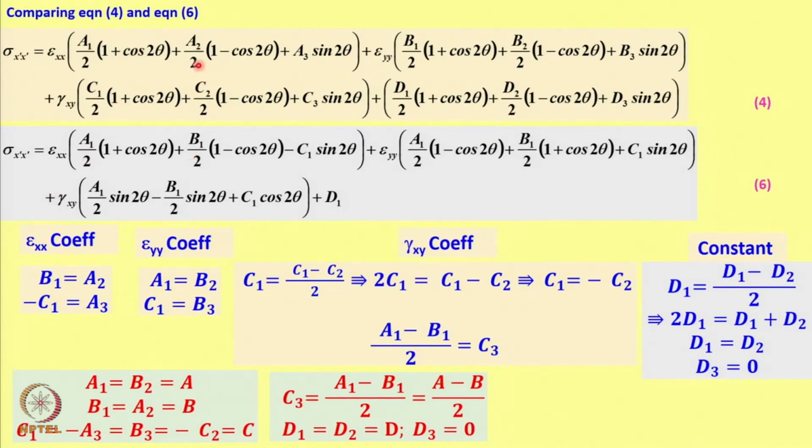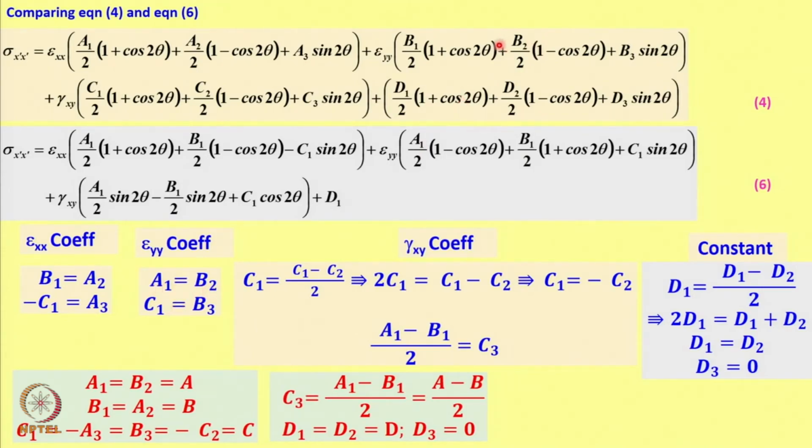So b1 equal to a2, and a3 equal to minus c1. Similarly, you see here b1 epsilon yy, if you compare this, b1 equal to b1, there is nothing here. So b2 equal to a1, that's what I have written here, a1 equal to b2.